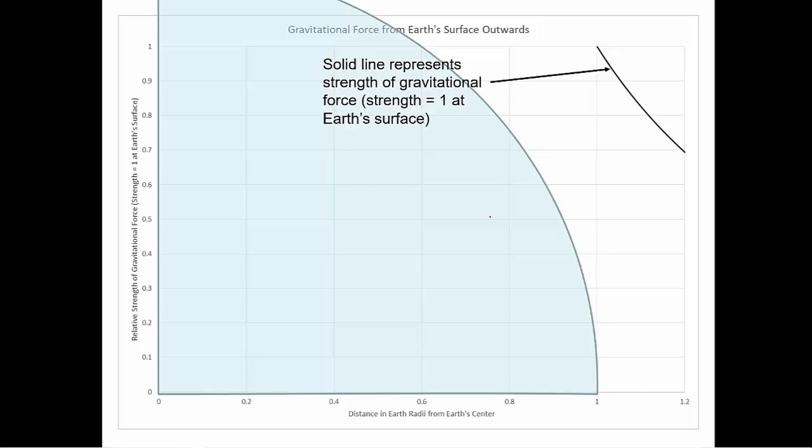But something you can see is that even by the time you've gotten out here to 1.2 Earth radii, or 0.2 Earth radii above the surface, the gravitational force will have dropped down to only about 70% of its strength on the surface. So it drops off fairly quickly at first.